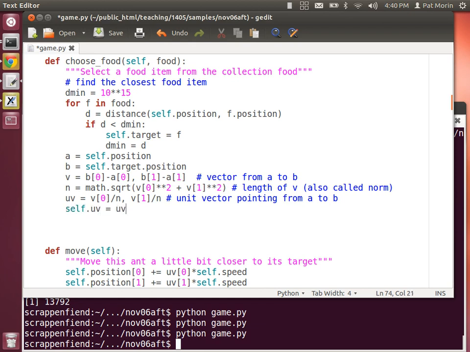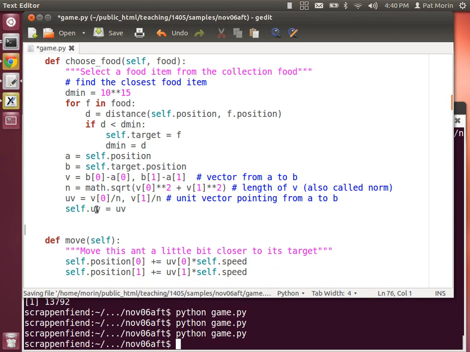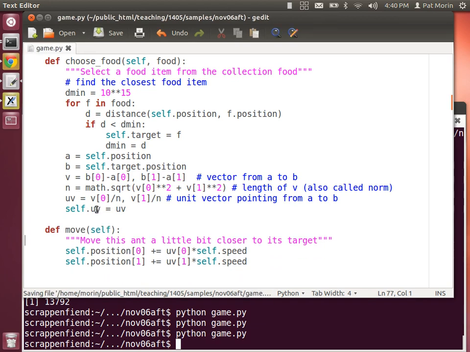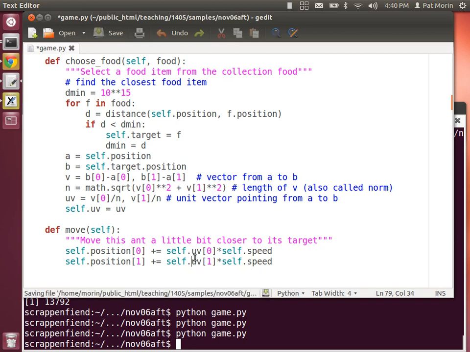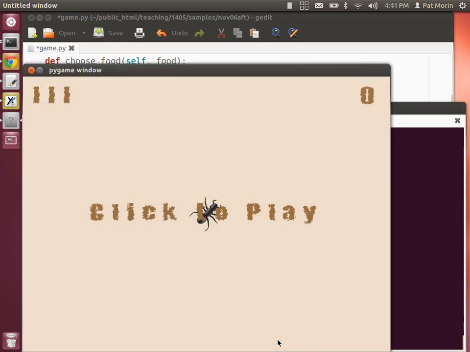So you pick this new food, that means you pick a new target, you compute a unit vector that points towards that target, and then we can save that thing. So now we've saved the direction of this thing, and now every time we move, we just have to move in that direction that we've saved. So if nothing else, this should be more efficient.